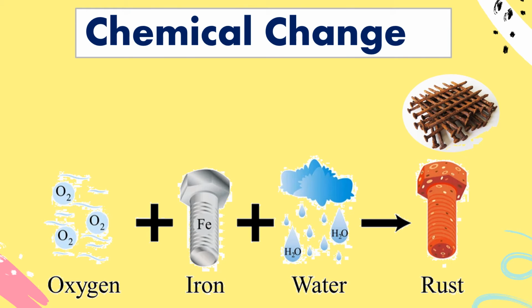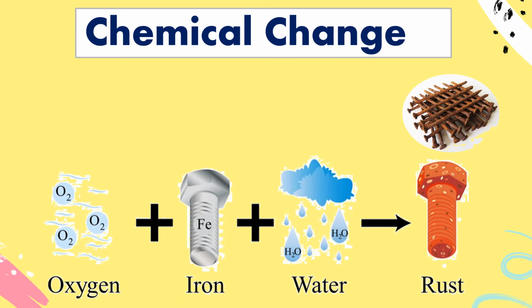How about if the material is exposed to another material? Let's look at this example. We are going to have a chemical change when a material is mixed with another material, like oxygen plus iron plus water. What will happen to the material?